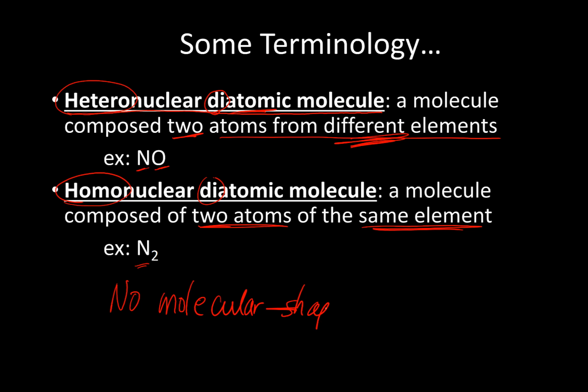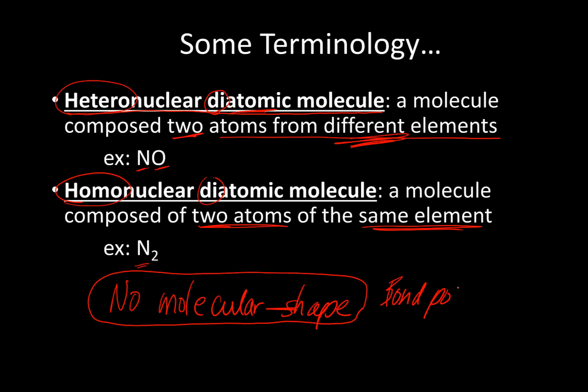When we get to the VSEPR theory, it helps us figure out what the shape of a molecule is once we know the bond polarity and can draw the Lewis dot structure. But when you have these types of molecules, you don't have a molecular shape. You have a bond polarity in some cases, but you just don't have a molecular shape.